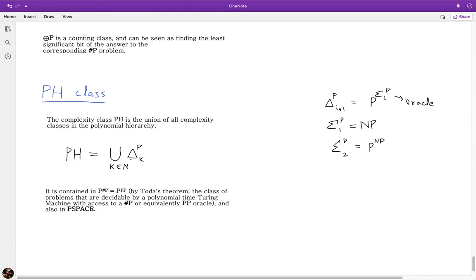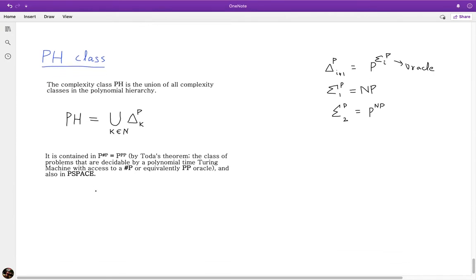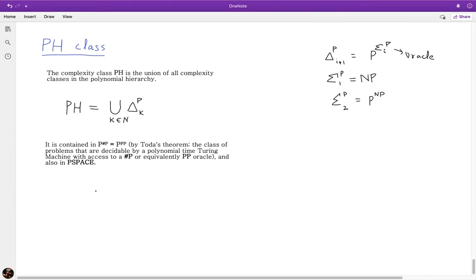So it starts from delta 1 p union delta 2 p union delta 3 p. All the problems which are a part of this set come under the PH class. So it is a much broader and generalized class which contains classes like P, NP, and it contains BPP, RP, co-RP.